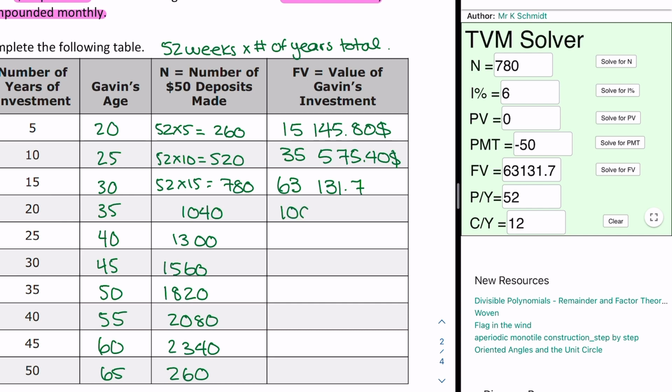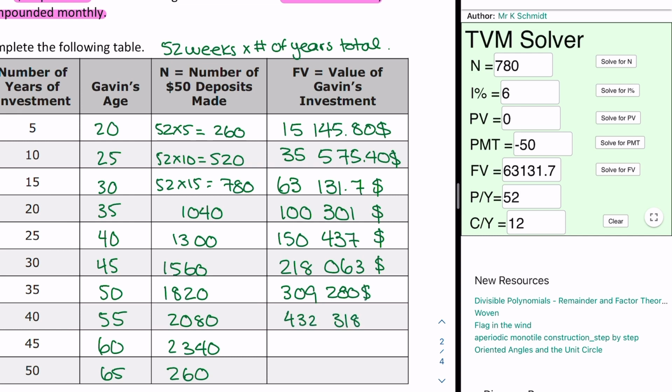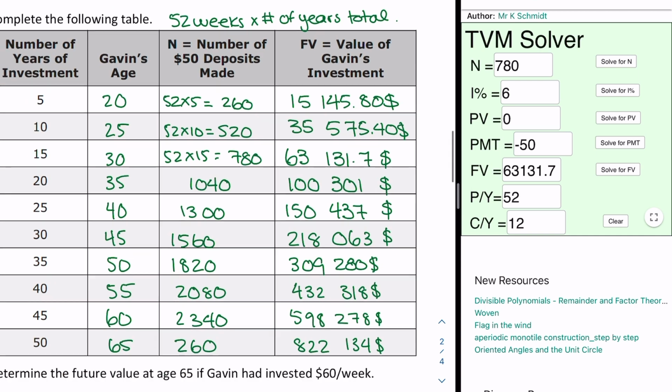And I already have them calculated, so I will just plug these in, but you should be able to simply change that first value. All right, so this is what we get at the end of it.